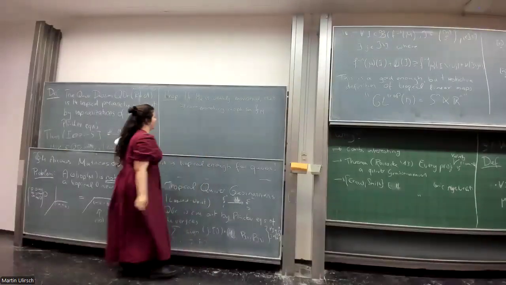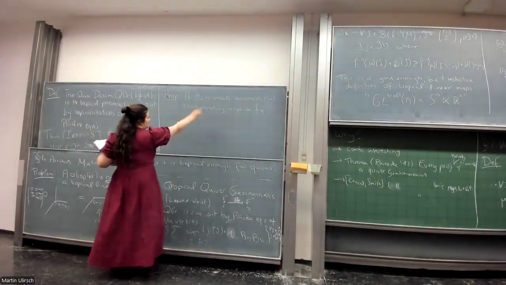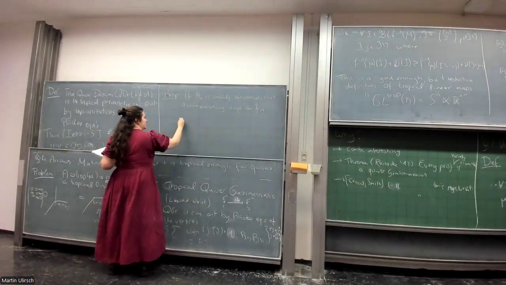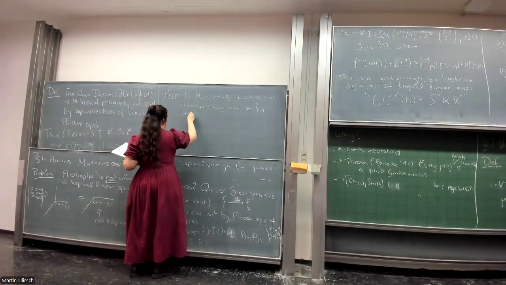So if you have a morphism of evaluated matroids, F M, you can construct a weakly monomial matrix that satisfies the property we have here. If M is weakly monomial, then there exists a corresponding morphism, and vice versa.